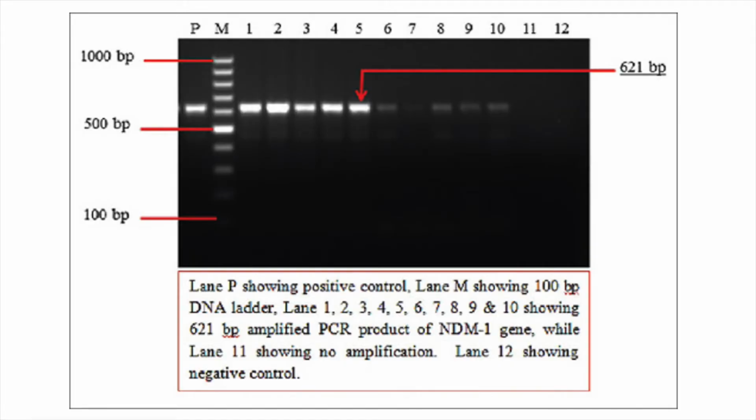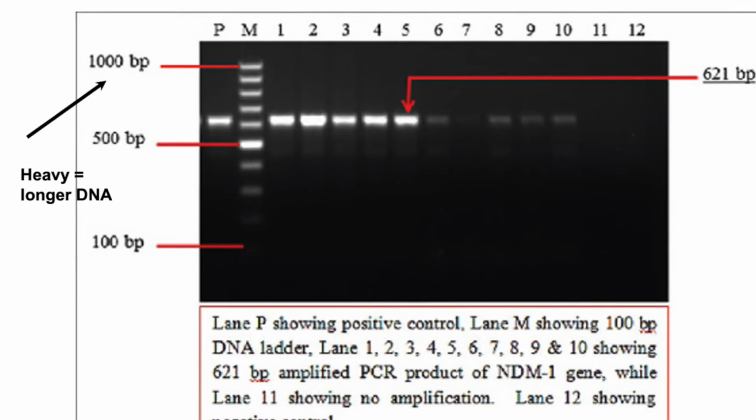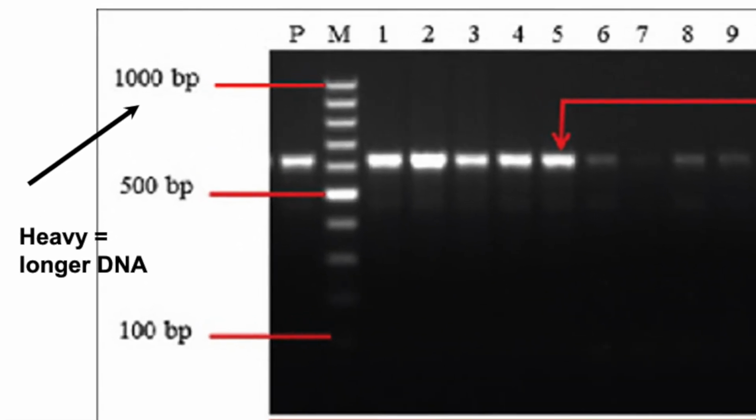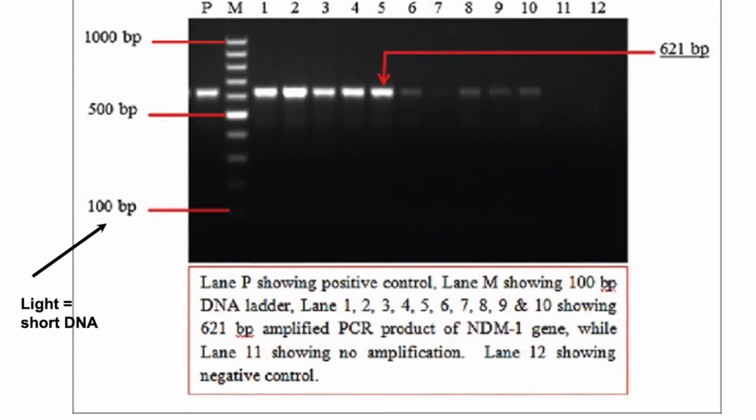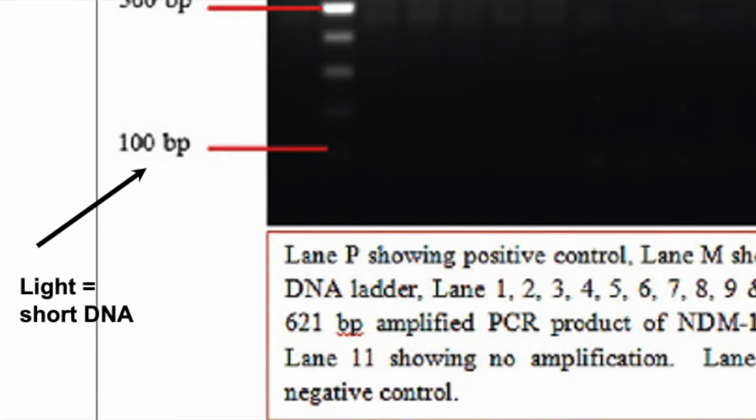This is done by looking at the size of the DNA fragments amplified. The higher up they are in the gel, the longer they are because they moved slower through the gel matrix. The lower down they are, the shorter they are because they were able to travel fast through the gel matrix.